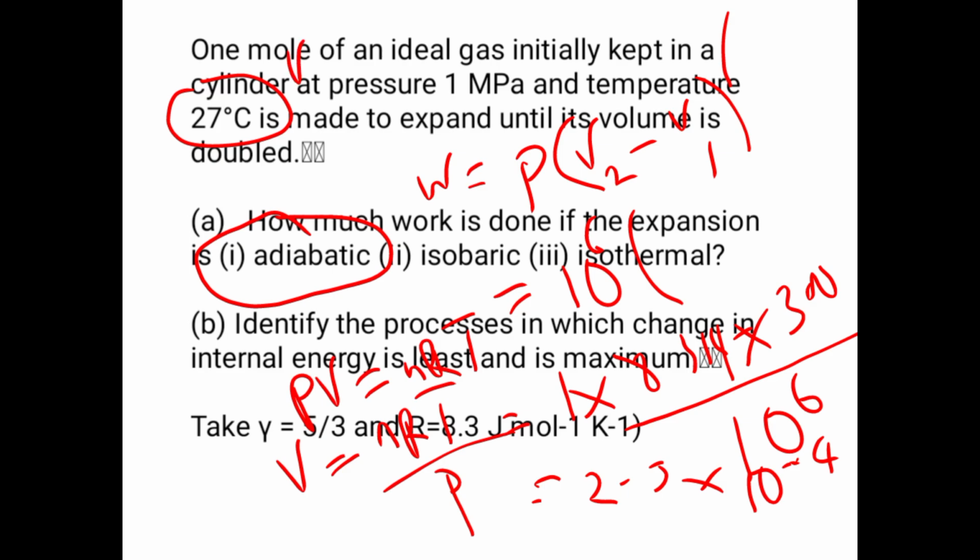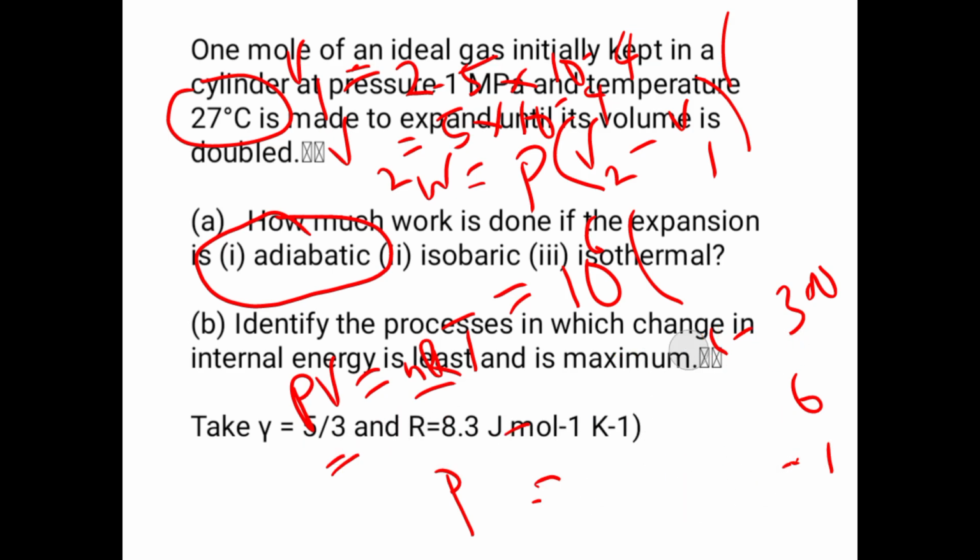So that means V1 is equal to 2.5 times 10 to the power minus 4. That means V2 is going to be 5 times 10 to the power minus 4. That's double of that.